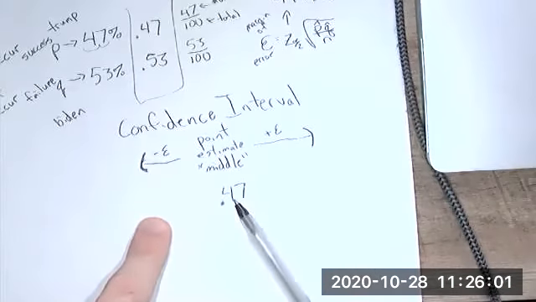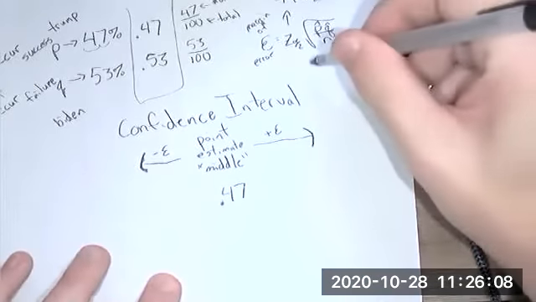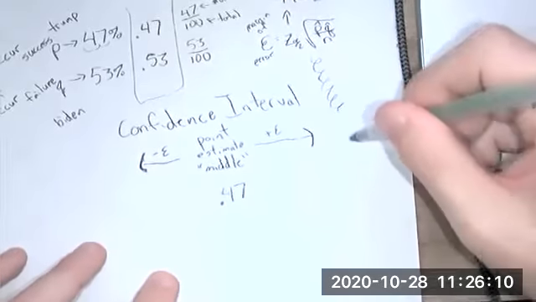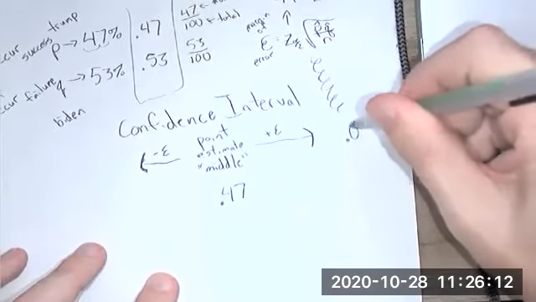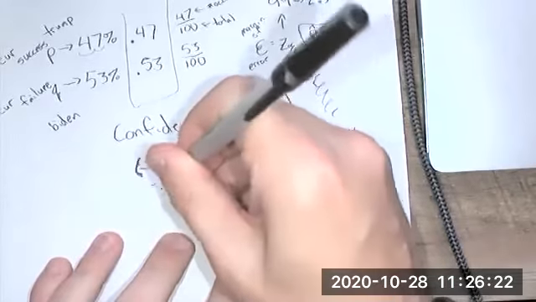Think of that as 47 cents for right now. Always try and think of those as money because it's something we're more used to. Say we crank all of this in here and say we get a 0.06, expect a number like that, right? Where this was 47 cents, this is 6 cents. What we're going to do is add that 0.06 and we're going to subtract that 0.06.